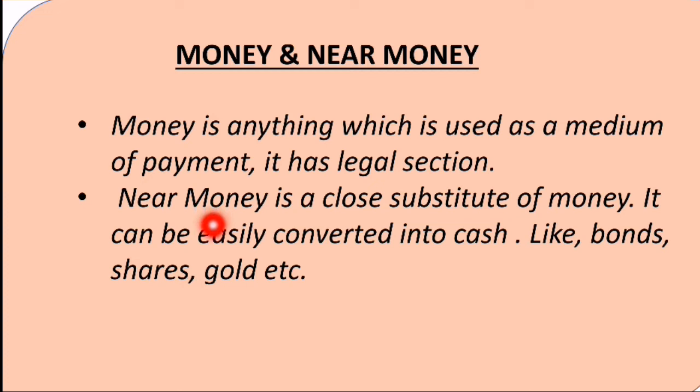That's why it is near money, because it can be converted into money as and when you require. It cannot be used directly as a medium of exchange. First, near money needs to be converted into money, but your money can be directly used as a medium of exchange, but near money cannot be. First, it needs to be converted into money.